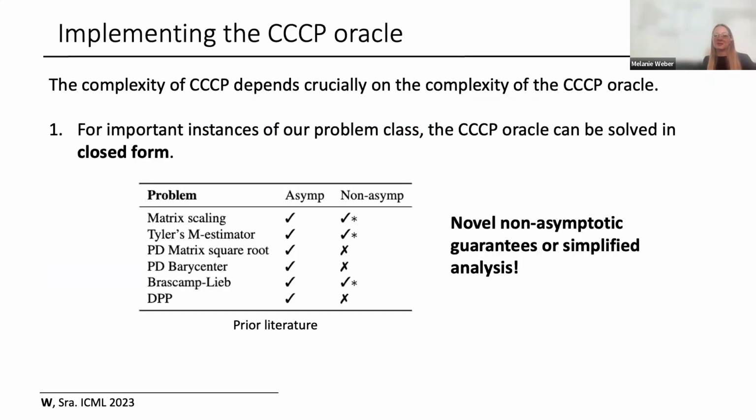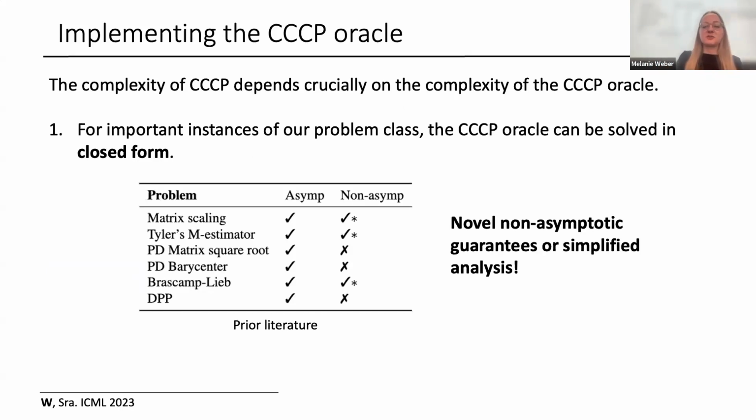So in practice, let's think about what the consequences of that are for CCCP algorithms. First, it's worth noting, as I said, that the structure of difference of convex functions appears in many settings. There's a large body of work on difference of convex optimization, many involving matrices.